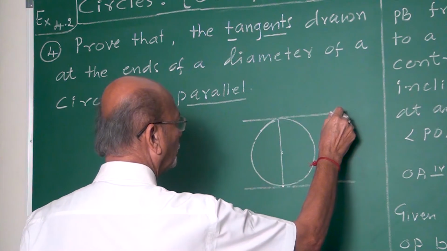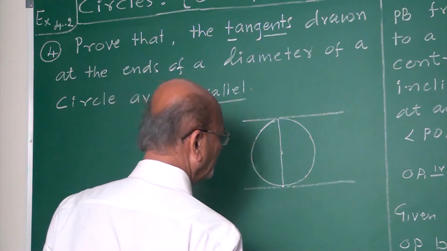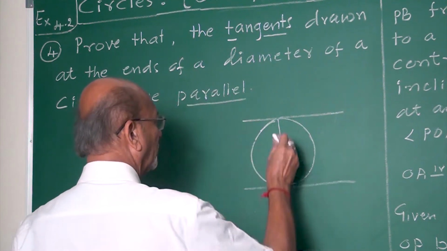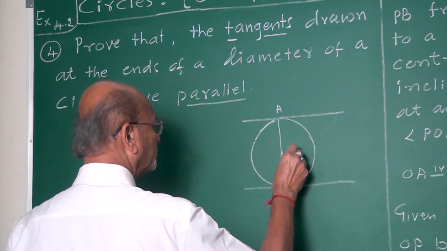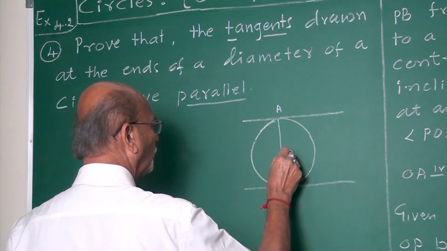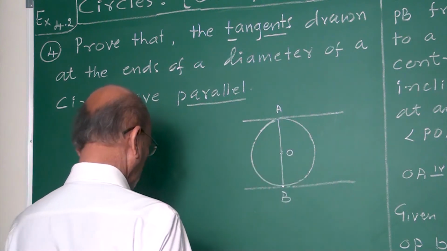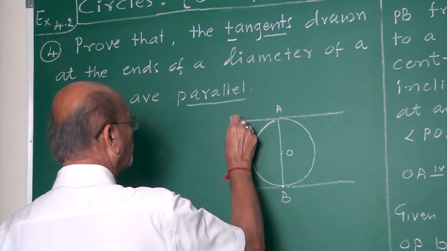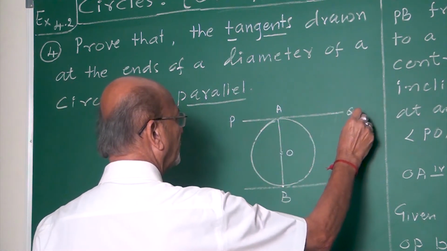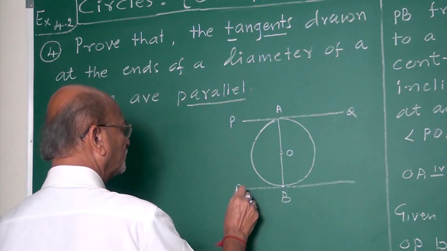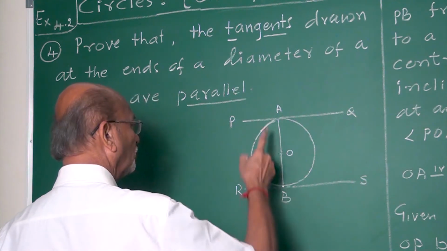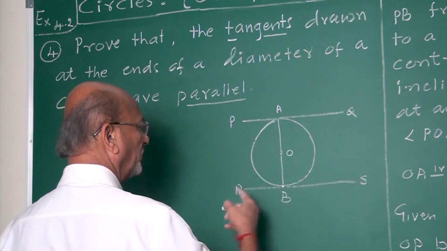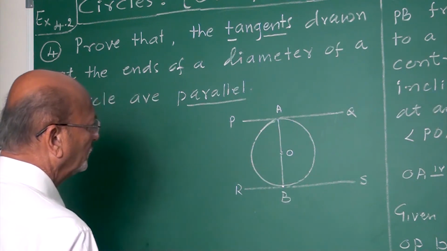Then you want to prove these two tangents are parallel. AB is the diameter with center of the circle O. Then PQ is tangent at A. RS is tangent at B. Then you want to prove PQ is parallel to RS.